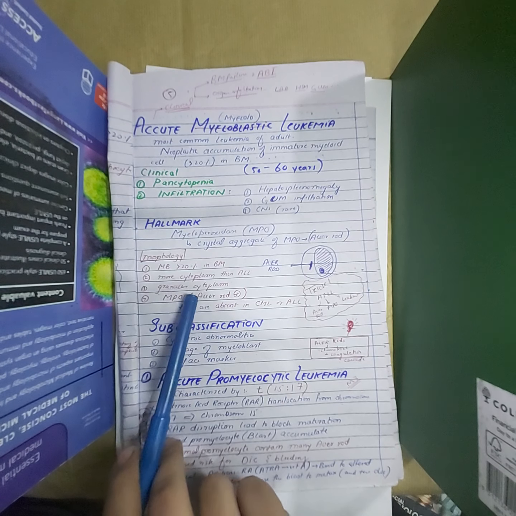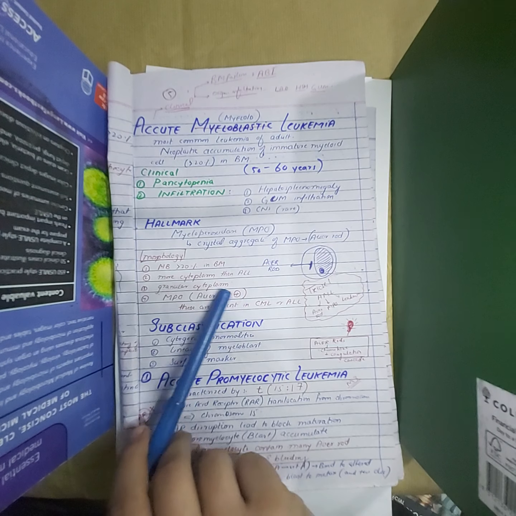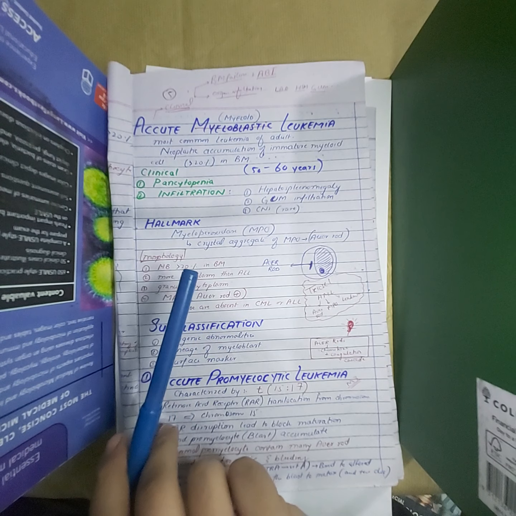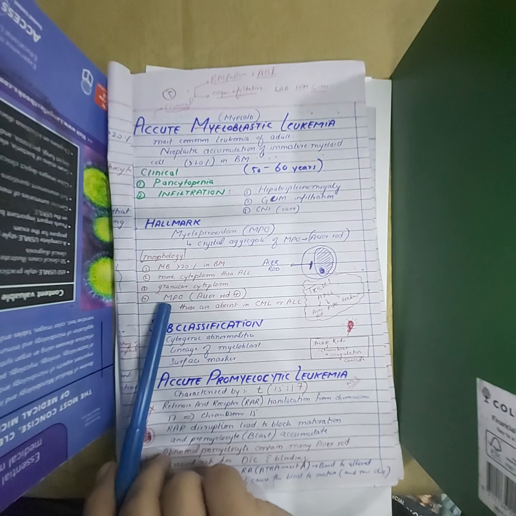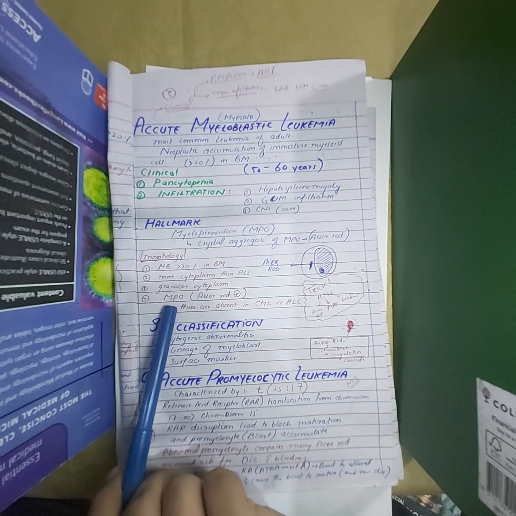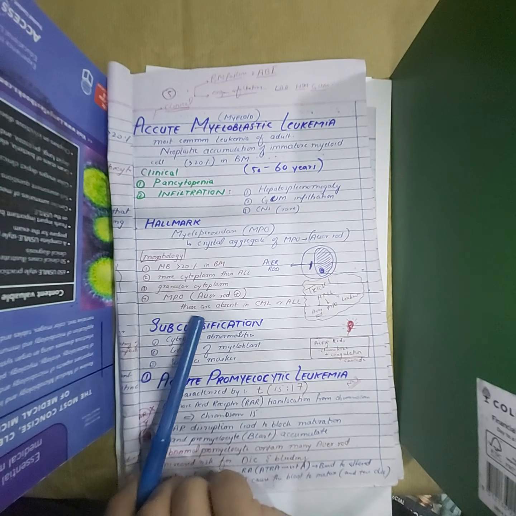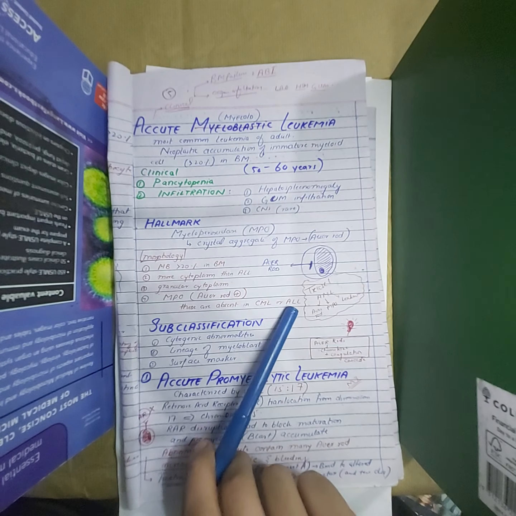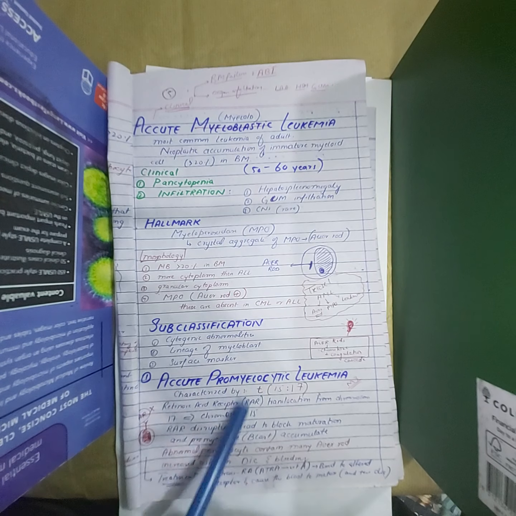The cytoplasm is granular, because granulocytes are produced from these myeloblast cells, and they are positive for MPO, Auer rods. MPO is absent in chronic myeloid leukemia and acute lymphoblastic leukemia.